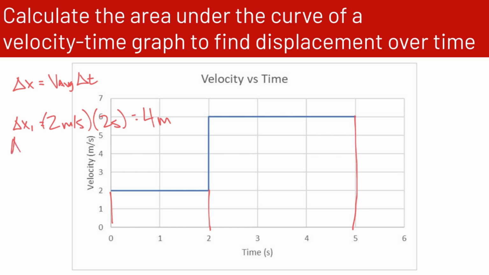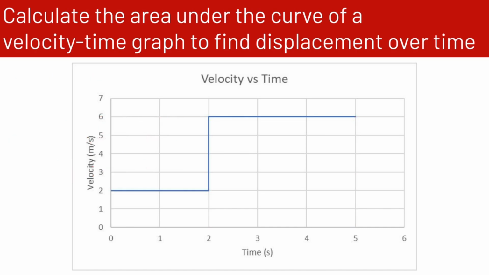And then for delta x2, we have the average velocity here is 6 meters per second times, we have 5 seconds minus 2 seconds, so that's 3 seconds. So that gives us 18 meters. So our total delta x then is going to be 4 meters plus 18 meters for a total of 22 meters. So that's the way to do it mathematically in this case.